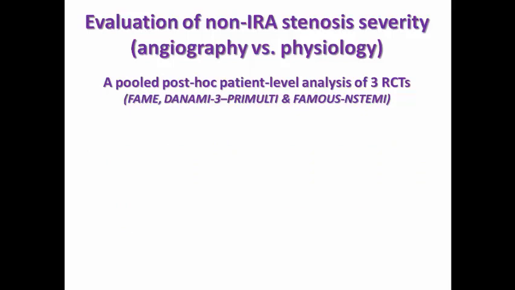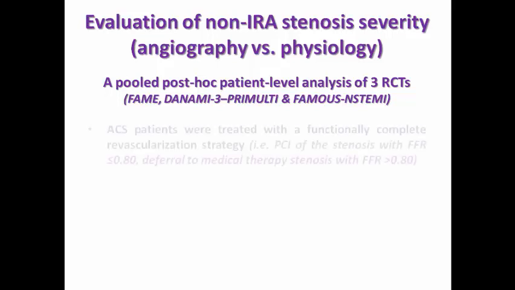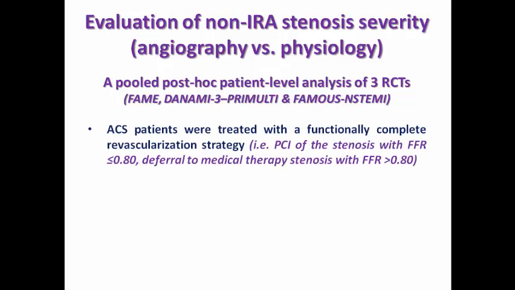In a pooled post-hoc patient-level analysis of 3 famous randomized trials, like the FAME, DANAMI, and COMPARE-ACUTE trials, acute coronary syndrome patients were treated with a functionally complete revascularization strategy, meaning PCI of the stenosis with FFR less than or equal to 0.8, and deferring to medical treatment for those with FFR more than 0.8.